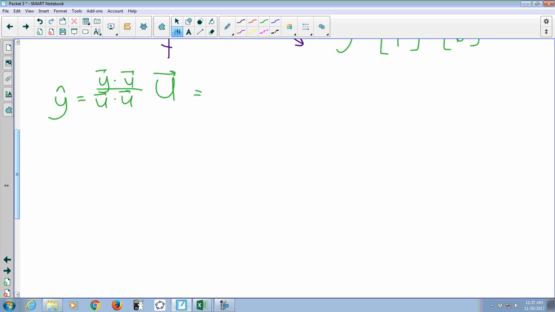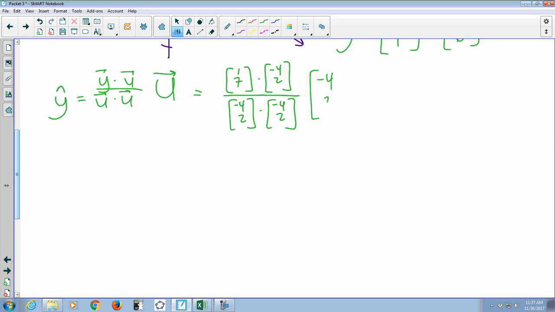Okay, so y is 1, 7. So I have 1, 7 dotted with u, which is -4, 2, over -4, 2 dotted with -4, 2. And that's a scalar. When I do all that out, it's a scalar, and I'm going to multiply that scalar times the vector u, -4, 2.